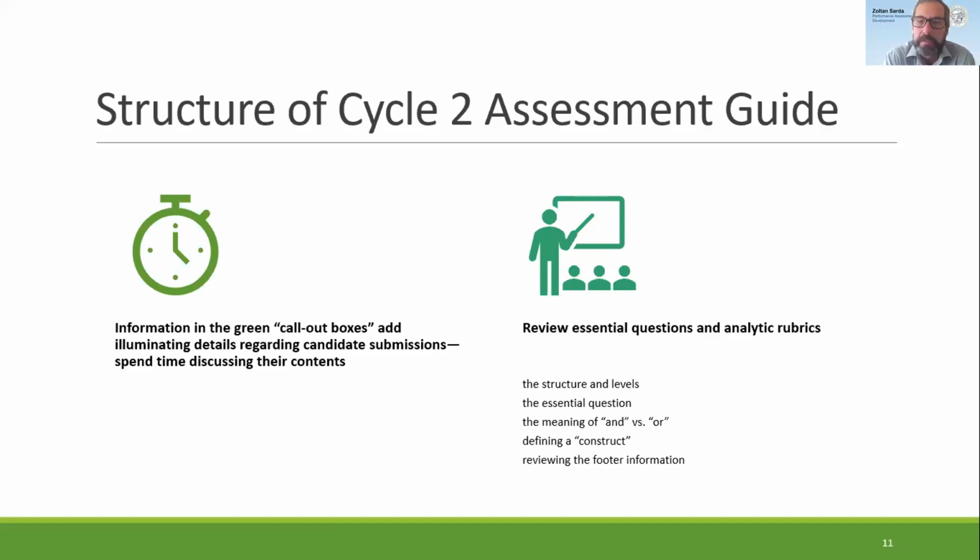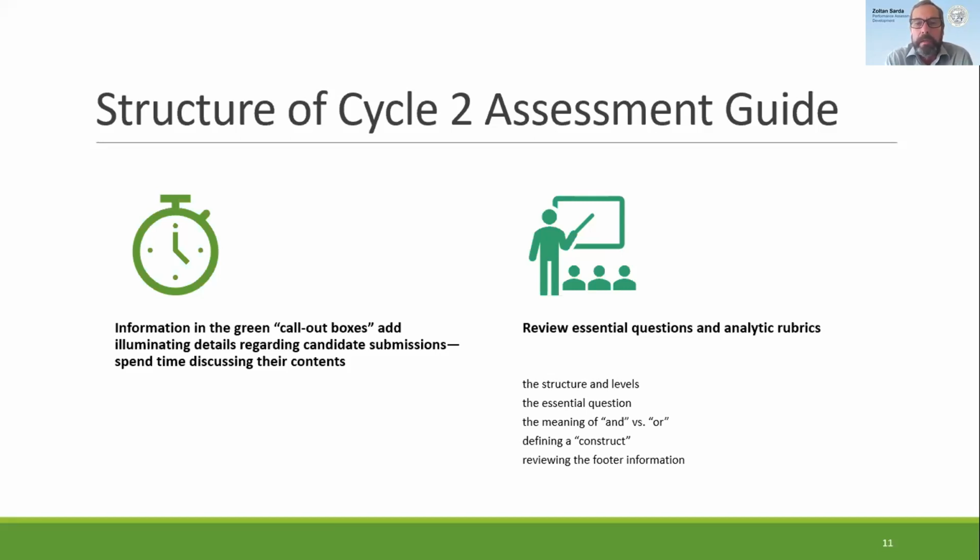The second piece, and Cassandra will go over this in a moment: all of the analytic rubrics have essential questions connected to them. So the scoring is based on what is the evidence that you have provided that answers the essential question of the rubric.